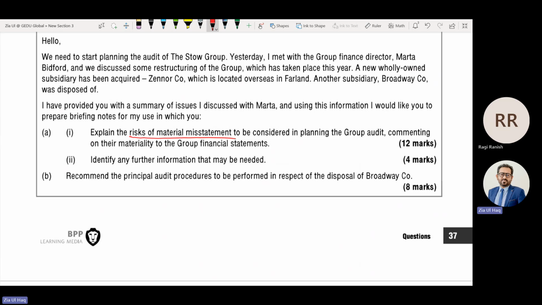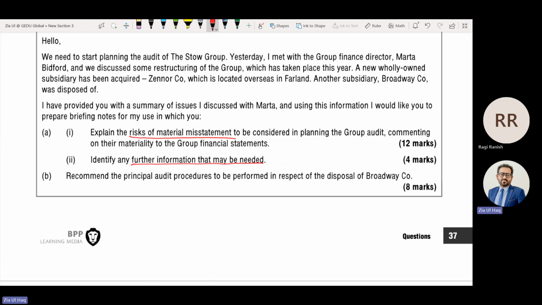And part A2 for 4 marks, identify any further information that may be needed. What does that mean? Further information, additional information: the names of documents relating to that matter that we can see at the planning stage.